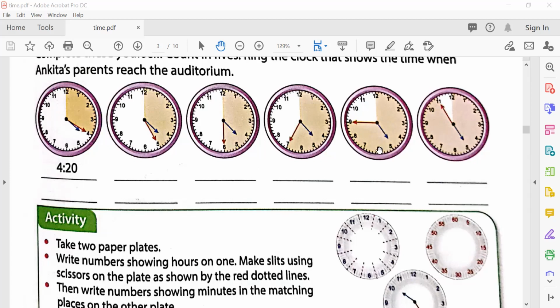The next one. In 2 months, I'm going to be in class 4, and I have studied past 10 months.